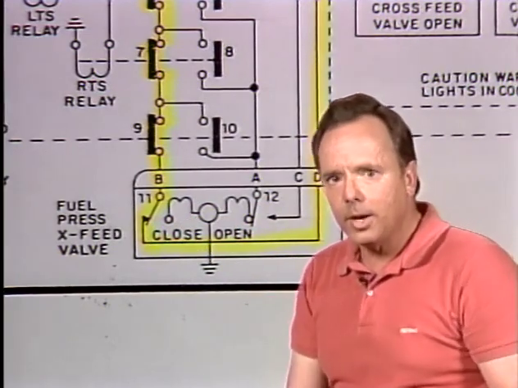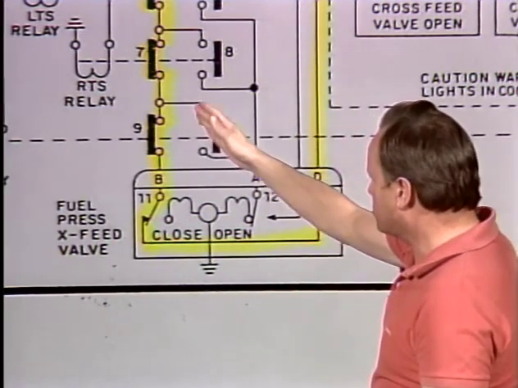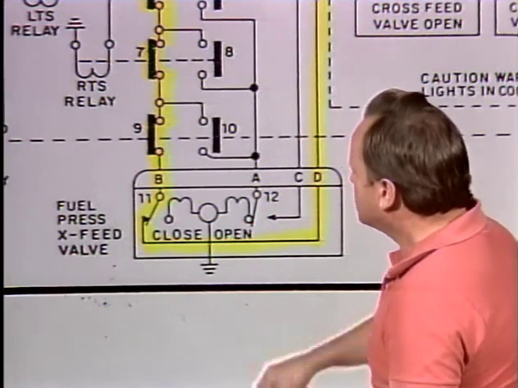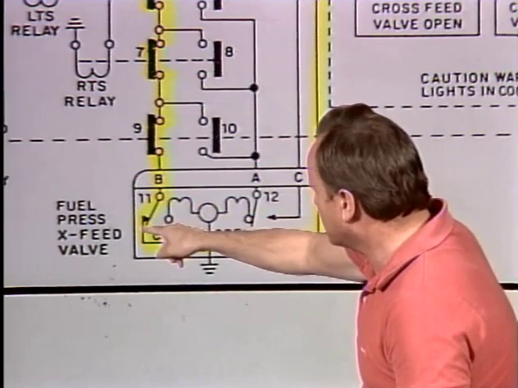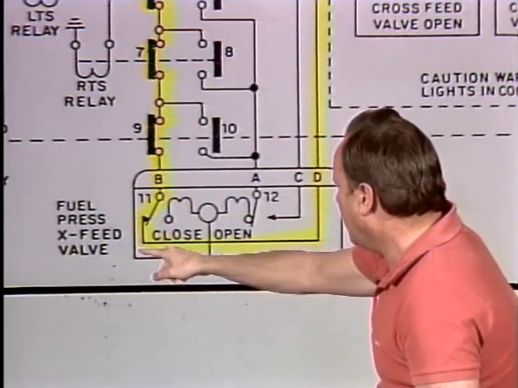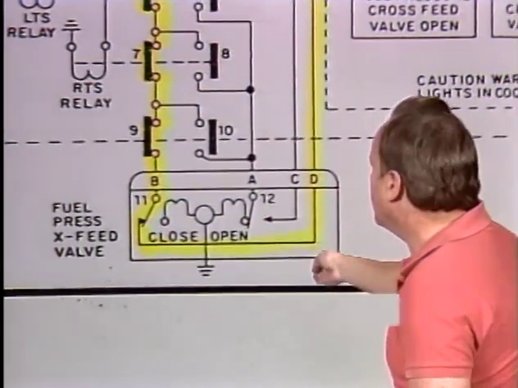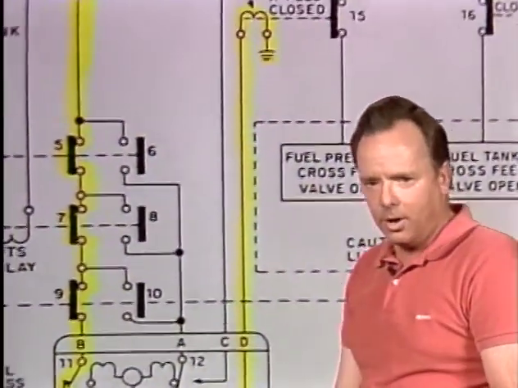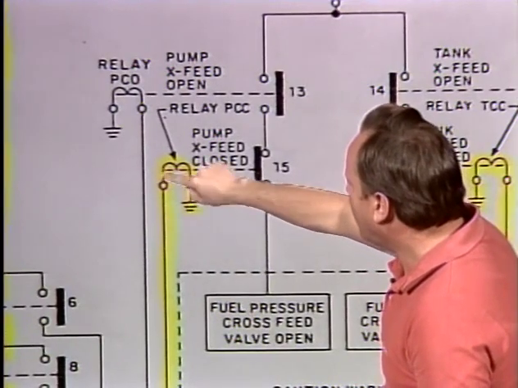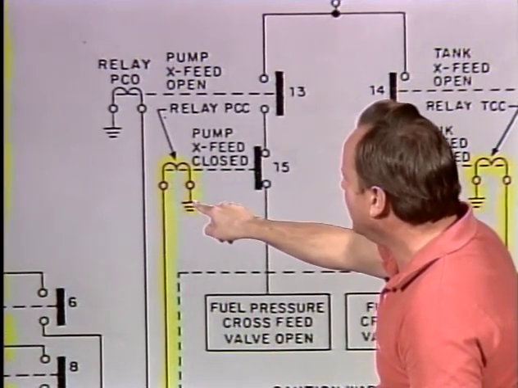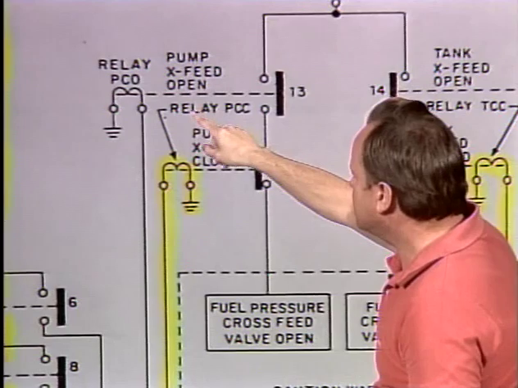But remember earlier I said that this drawing is shown without any power on it. So without any power on it, we have a path right down here, through switch 11, which is not activated, and we'll go right along this wire up here, and then back up towards the top of the drawing. And we have finally one relay that has power to it, and that is the PCC relay.